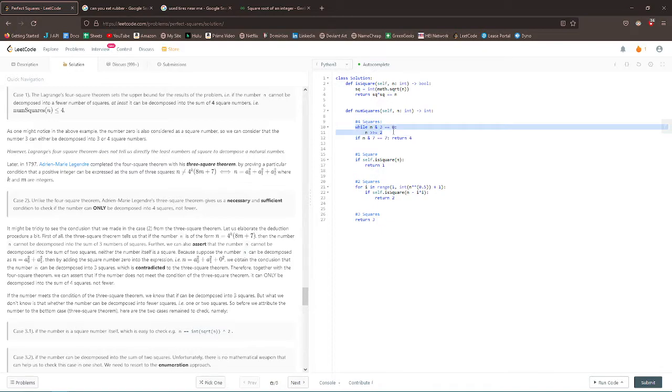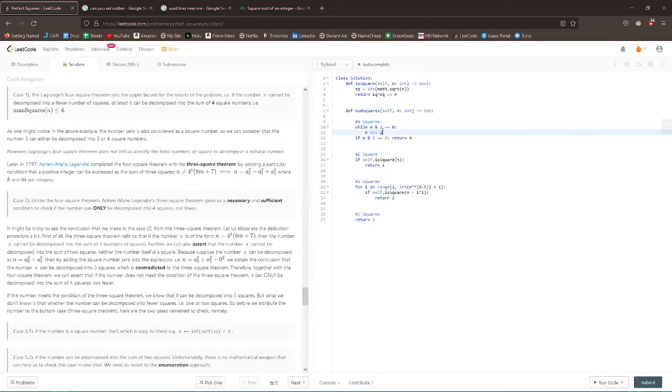What are we doing in this while loop? Because this is the number of operations we have. This is O of 1. We're just checking flat out, is n and 7 equal to 7, and return something. That's one operation. It's a very simple bit operation, checking 3 binary places on the computer. This while loop, though, interestingly enough, we're saying while it's divisible by 4, divide it by 4.